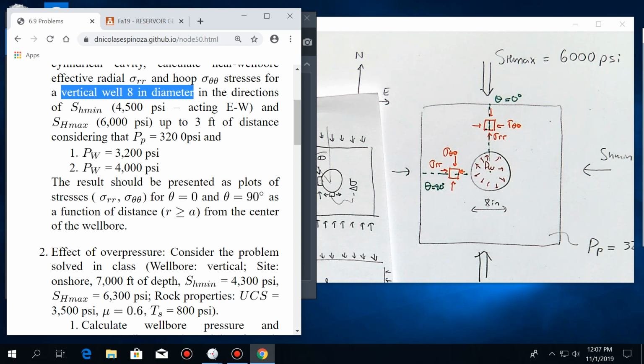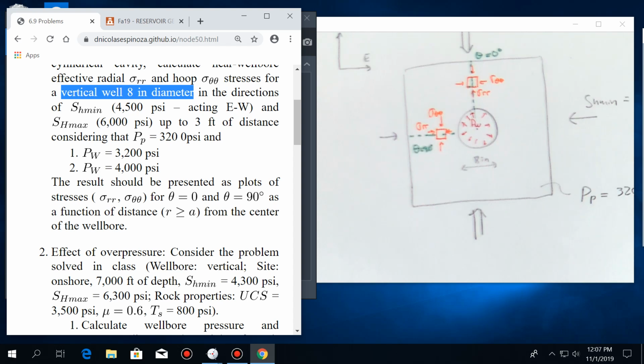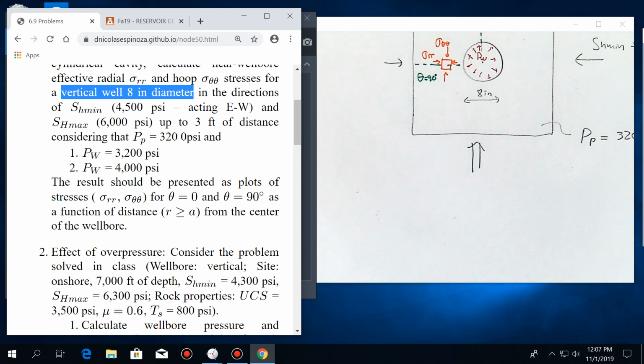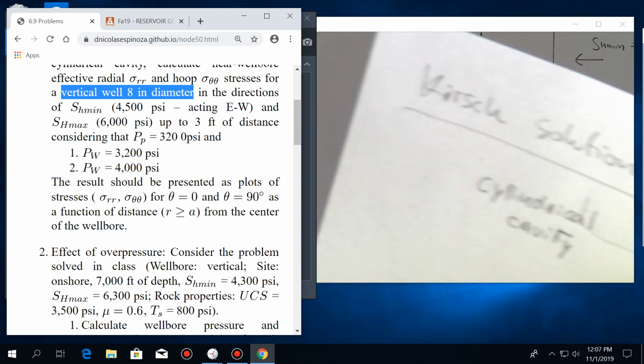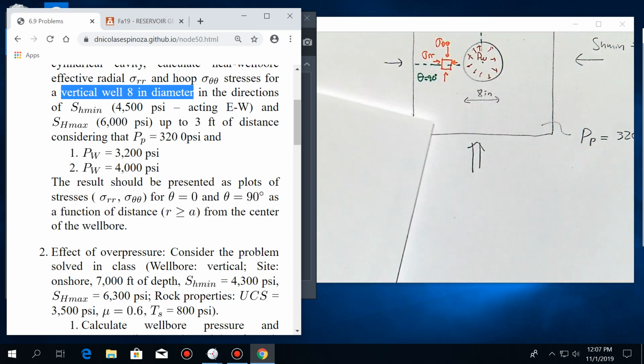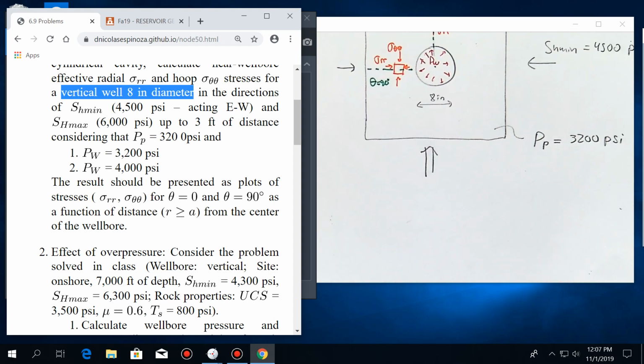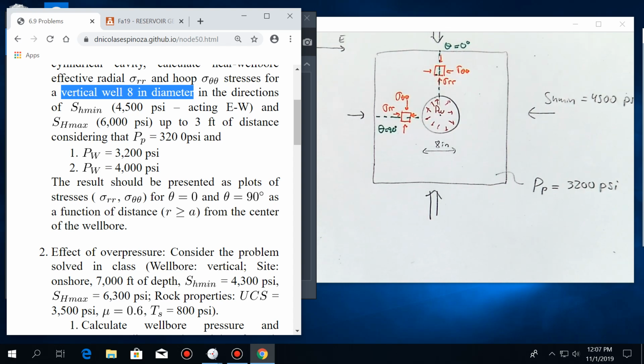And just to give you a preview of what this is going to look like, let's see, where did I get this from? Here. This is going to look something like this.